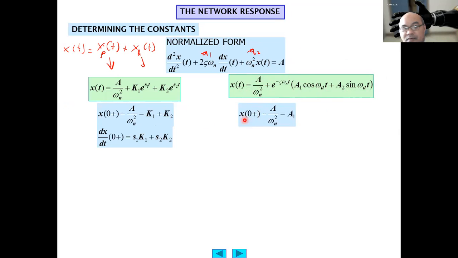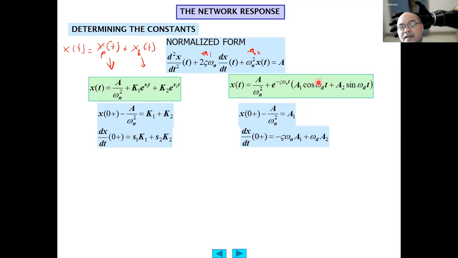So the initial condition will be at t equals 0, right? Cosine 0 equals 1, sine 0 equals 0, and exponent 0 is 1. So x at 0, the initial condition, equals A divided by omega n squared plus a1, or a1 equals the initial condition of x at t equals 0 minus A divided by omega n squared. For the initial condition of the first derivative, the derivative of this is 0.